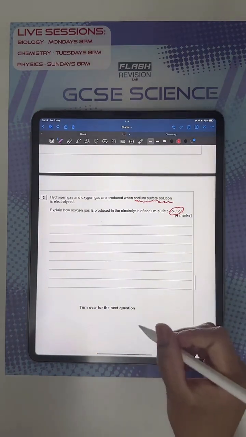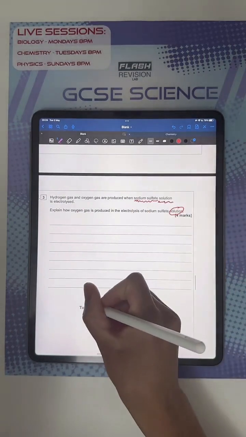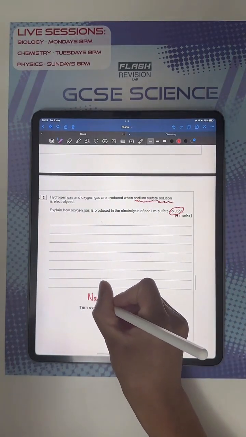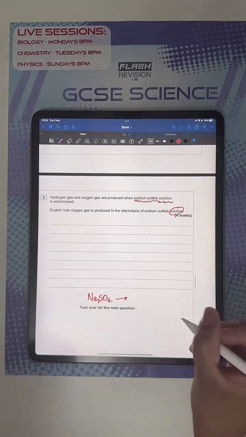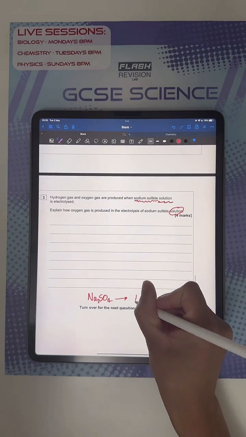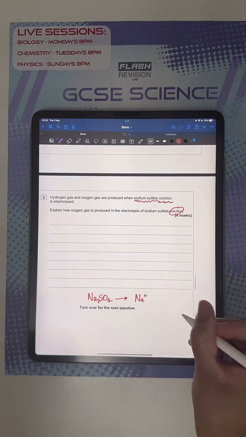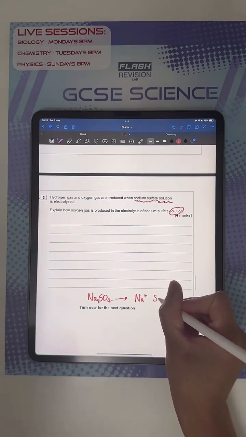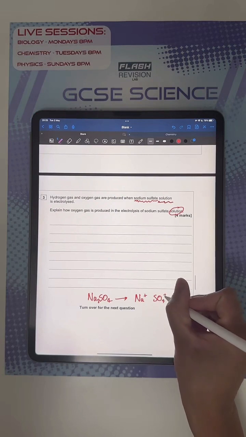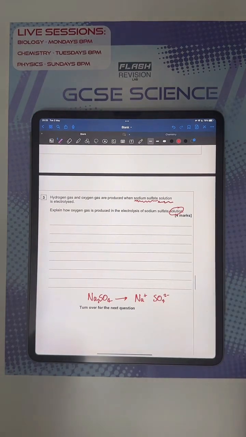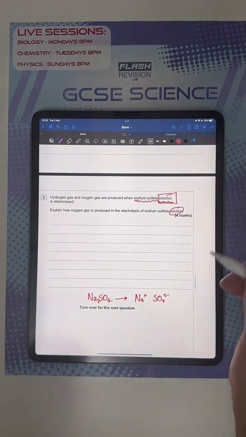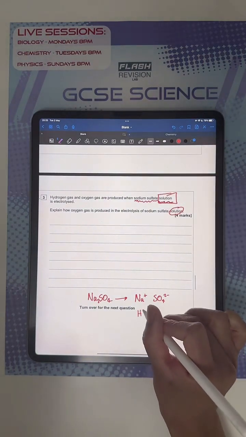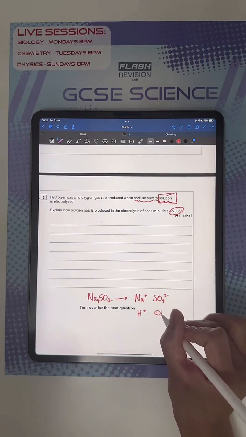Okay, so sodium sulfate is this. The ions present in Na2SO4 are sodium, sulfate, which is SO4 2 minus, but it's a solution, so just like I said up there, we also have H plus and OH minus.